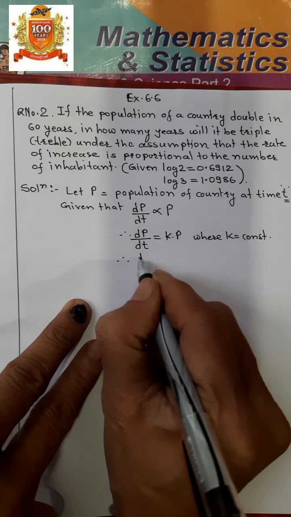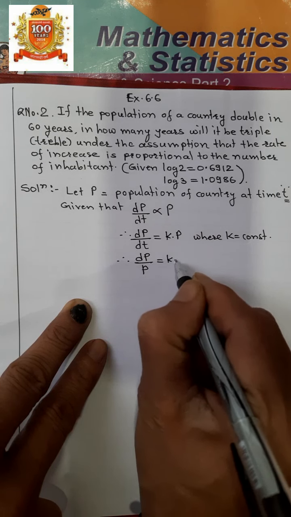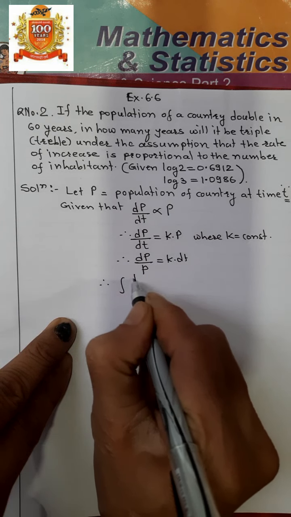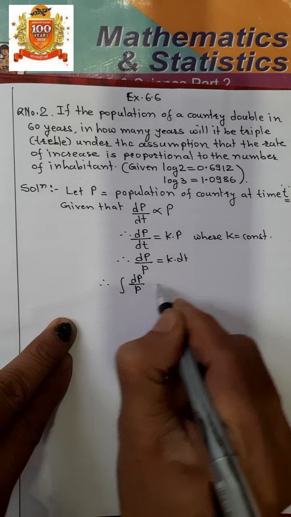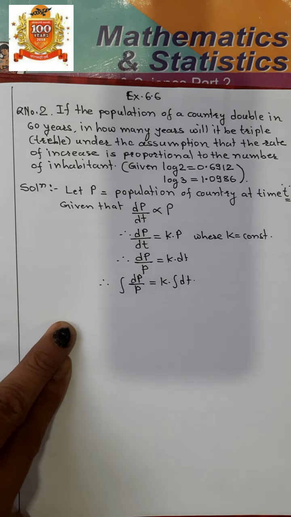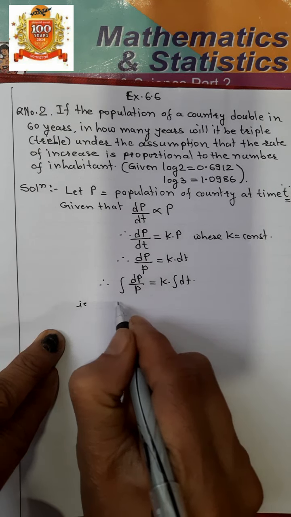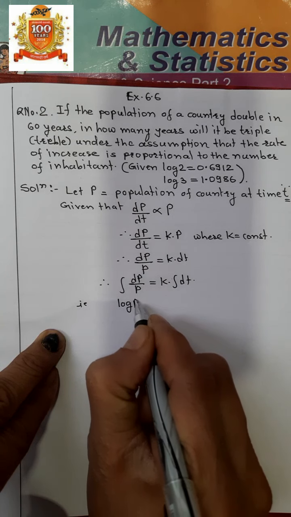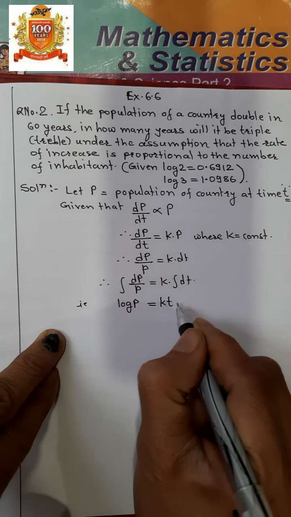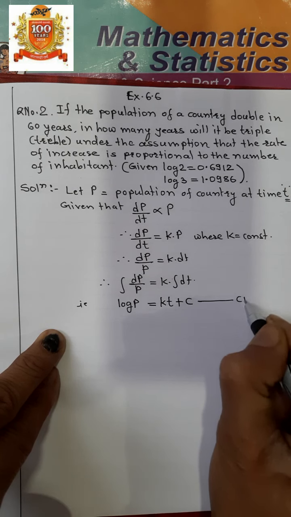Therefore dP upon P is equal to k dt we have. Therefore integral dP upon P is equal to k into integral dt. That is, log of P is equal to kt plus c. Denote this equation as 1.